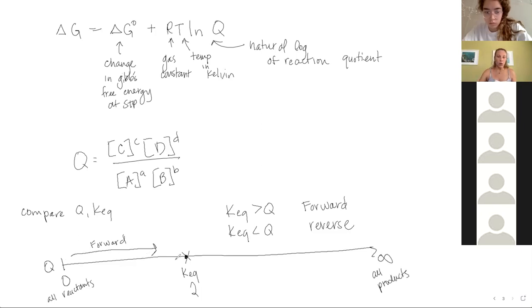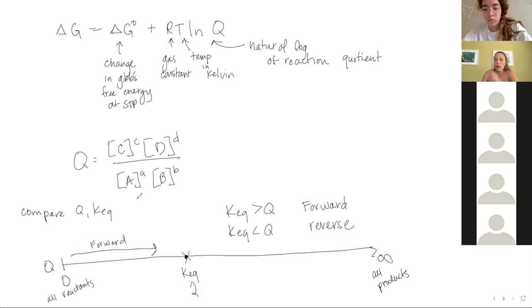So essentially, if our KEQ is bigger than our Q, we need to proceed forward, producing more products on the top of our ratio to make our value bigger and get us closer to that KEQ. So if we start at 0, we're all reactants.